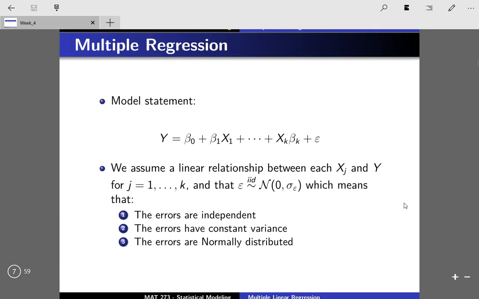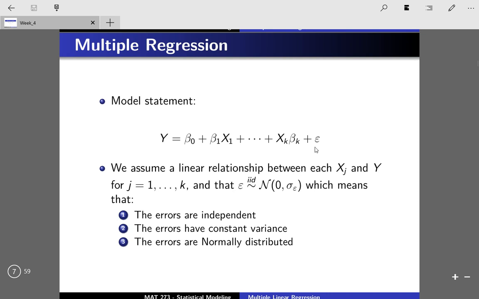And similar to before, the assumptions are pretty much just regarding the errors, along with the linear relationship between each predictor and the response variable, x_j and y. We make all these assumptions about the residuals or errors. So conveniently, we still get just one set of errors.